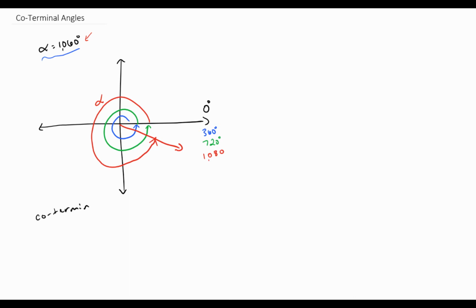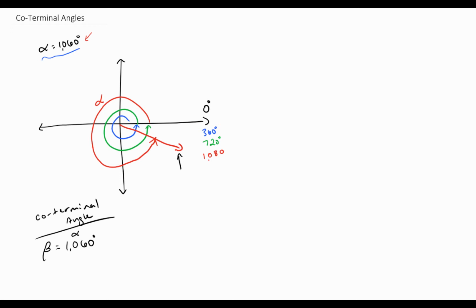So I'm going to come up with a coterminal angle to alpha that is going to have the exact same location. It's going to end up in this same spot here. And the way I'm going to do that is I'm going to get rid of those extra revolutions. So I'll call this angle beta, and it's going to be equal to 1060 degrees, our original angle alpha, minus all those extra revolutions.